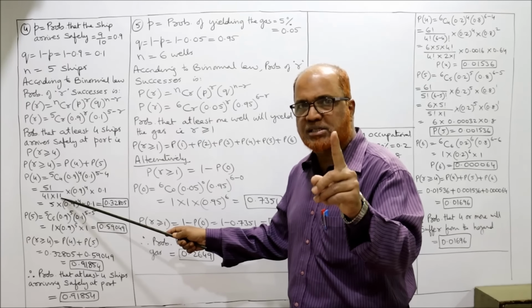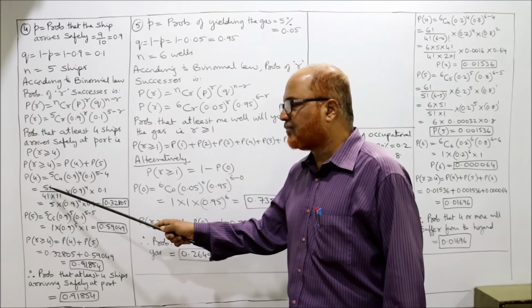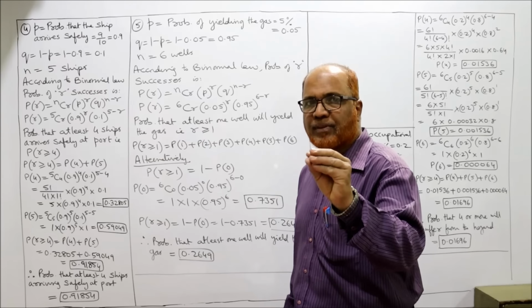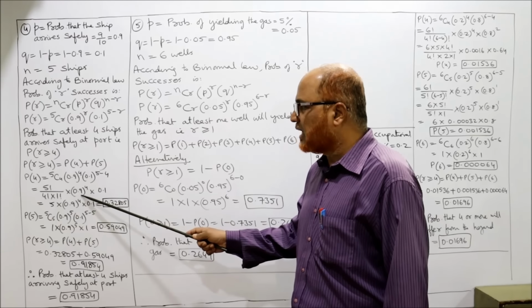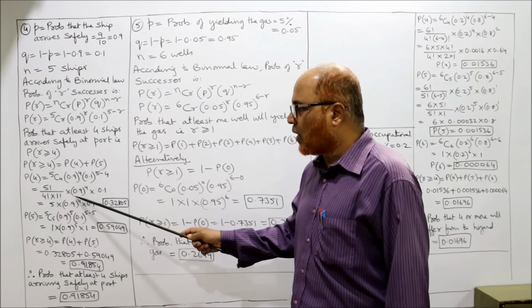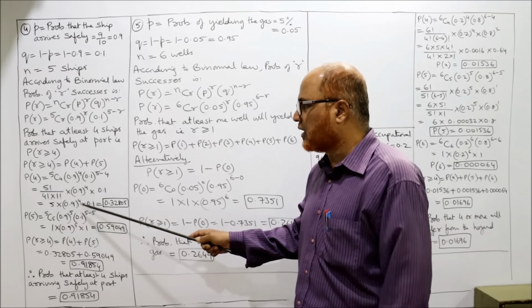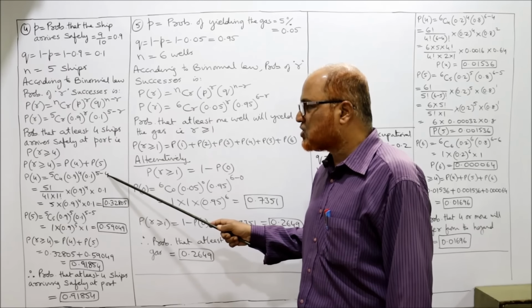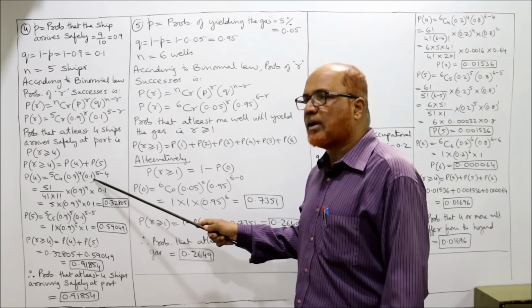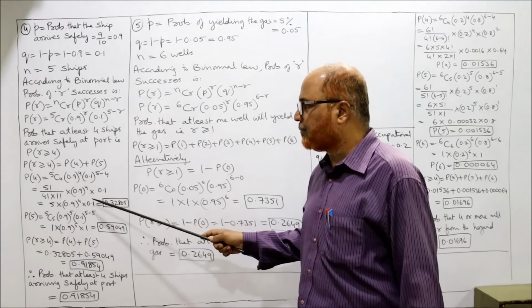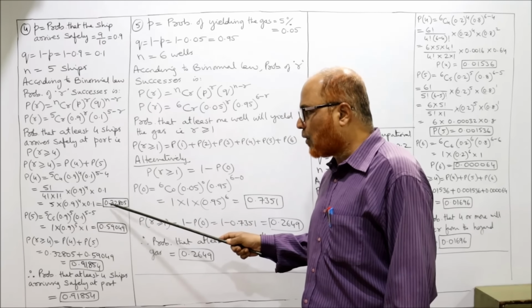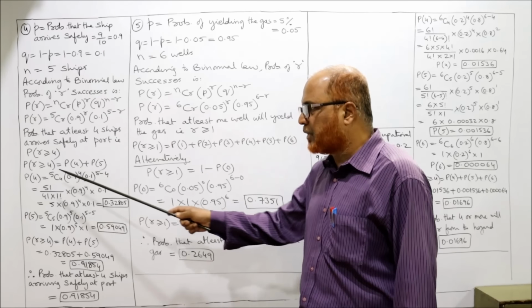Then 5 remains in the numerator. Then 0.9 is multiplied 4 times, 0.9 into 0.9 into 0.9 into 0.9, into 0.1, since 5 minus 4 is 1 and 0.1 to the power of 1 is 0.1 only. Multiply, and you will get 0.32805. This is P of 4.